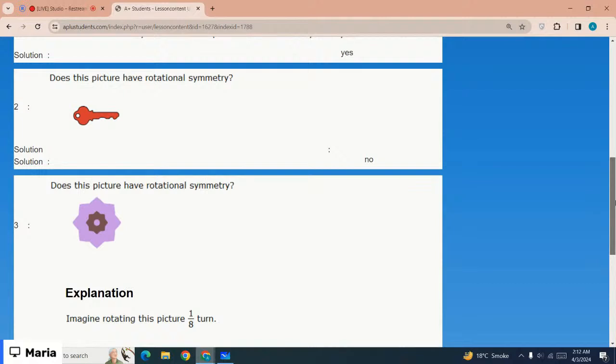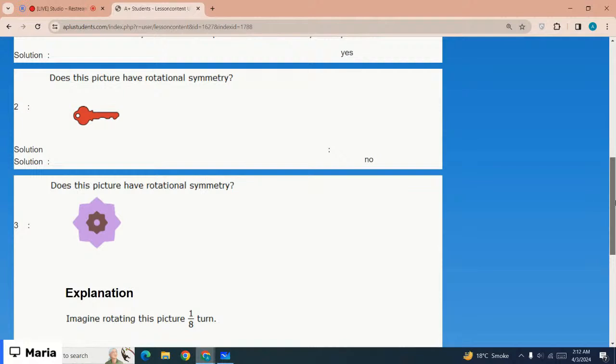If you rotate the image, the new image will be different, right? That means the image doesn't have rotational symmetry. The correct option is no.